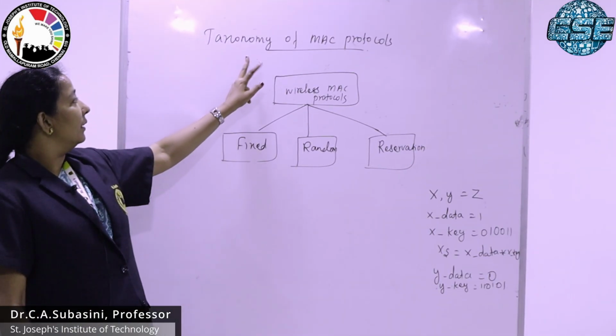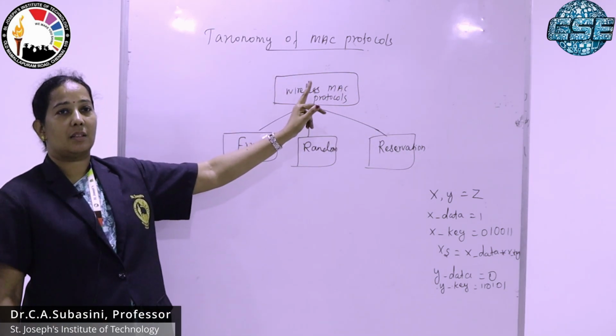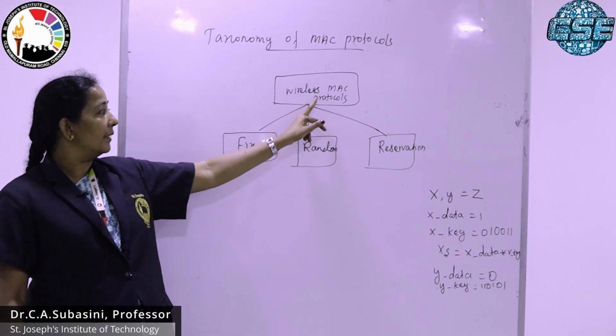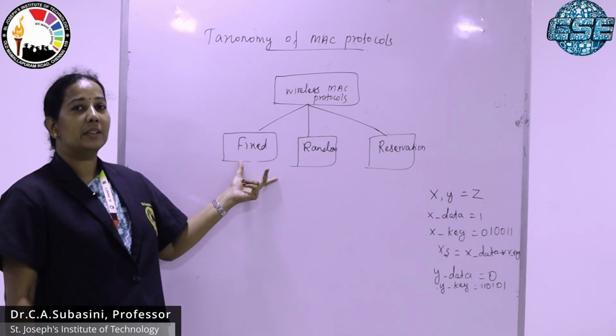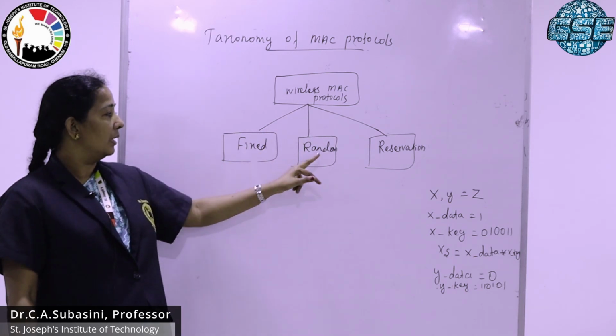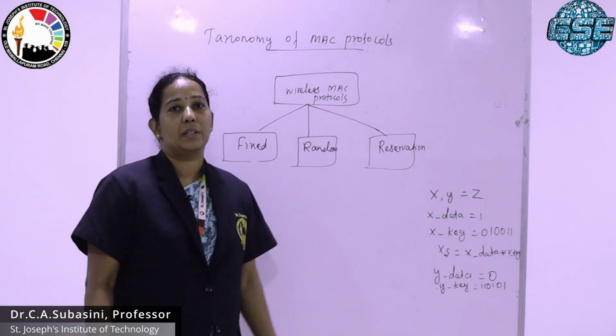Next we will discuss the taxonomy of MAC protocols, that is, medium access control protocols. In this taxonomy, we have three different partitions. The first is the fixed assignment scheme, the second is the random assignment scheme, and the third is the reservation based scheme.